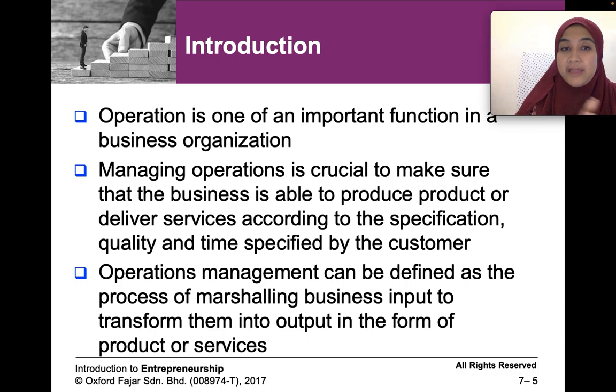Because when the product is short in the market, customers will seek alternatives. Customers will go to buy your competitors' product.